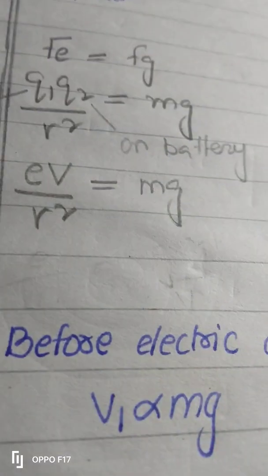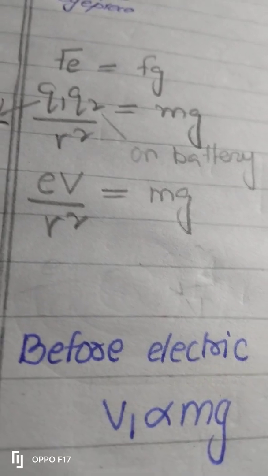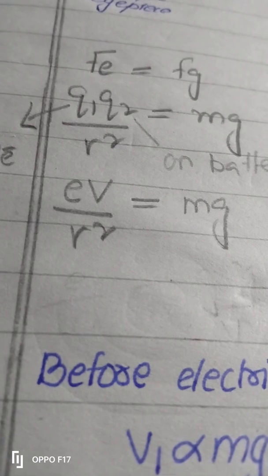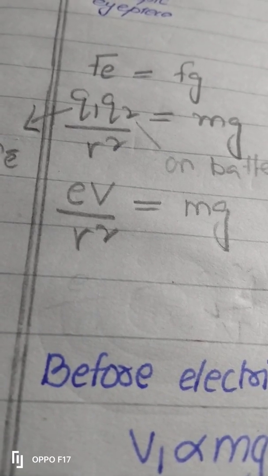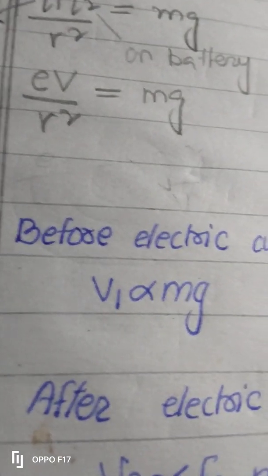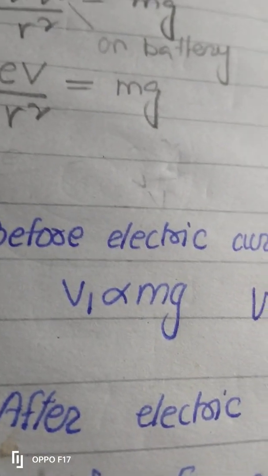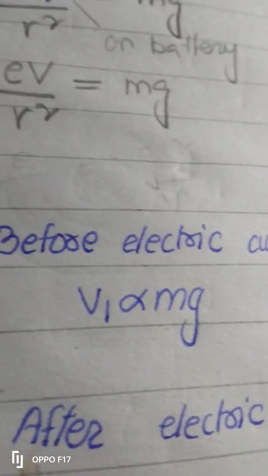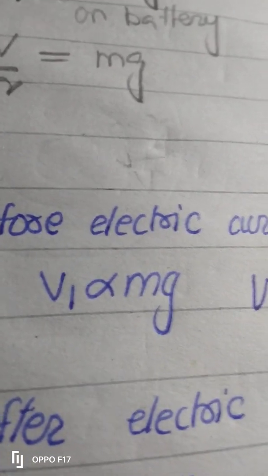It is the weight of the oil drop. Obviously gravity is there, so the oil drop will come downward. So the velocity of the oil drop before the electric current depends upon the weight, which is equal to mg.